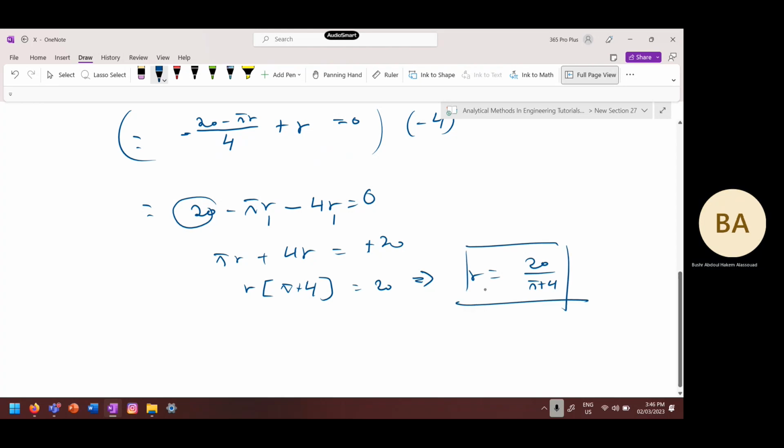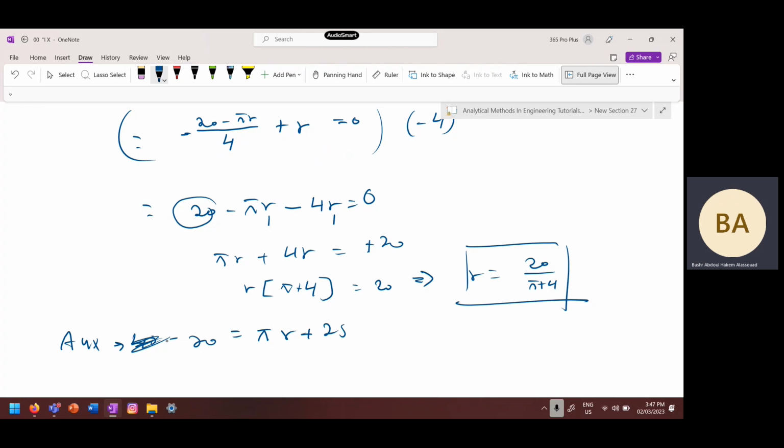Okay. Now plug in the value of r back in the auxiliary function. Again, the summation of the parameters, 40. We're using the newer one, 20 equals pi r plus 2s. Noting that if you use the one with the 40, it's fine, just as long as it's correct.